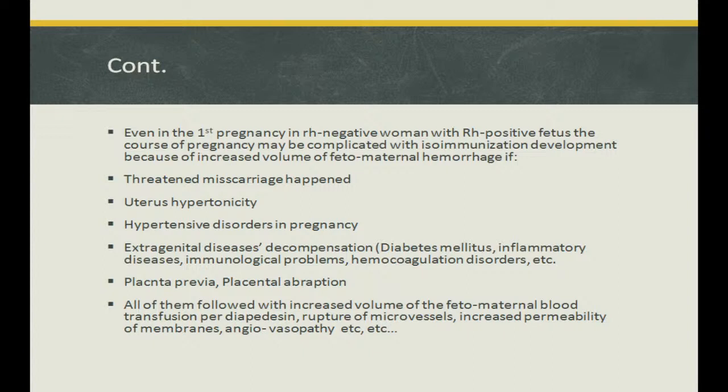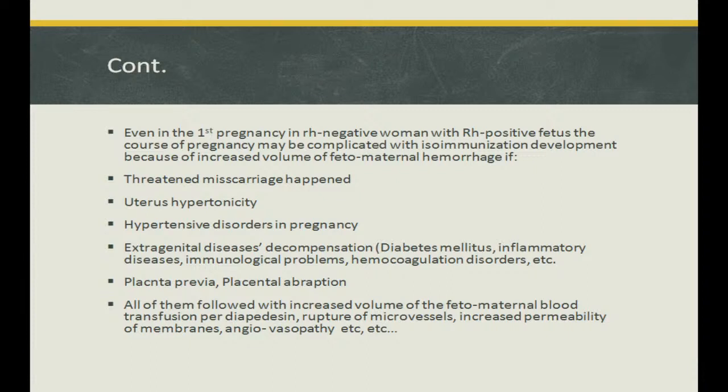Let us imagine that it is a first pregnancy, she is pregnant with a rhesus-positive fetus, but something happened during this pregnancy and she has, for example, lack of progesterone. Due to hormonal imbalance, she may have increased uterine contractions, and it is followed by threatened pregnancy. Threatened miscarriage may happen. Threatened miscarriage is usually characterized by increased uterine tonicity and rupture of microvessels.